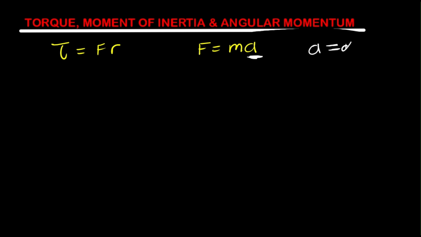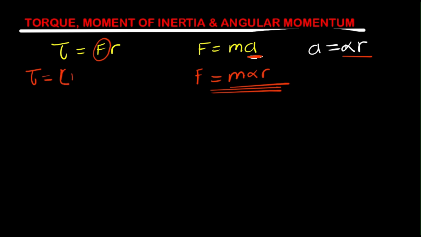So the linear acceleration is equal to alpha times radius. Where there is acceleration here, I will replace it with that, so force is m alpha r. Then torque is equal to m alpha r times radius, meaning m alpha radius times radius, which is just the same as mr squared times alpha.